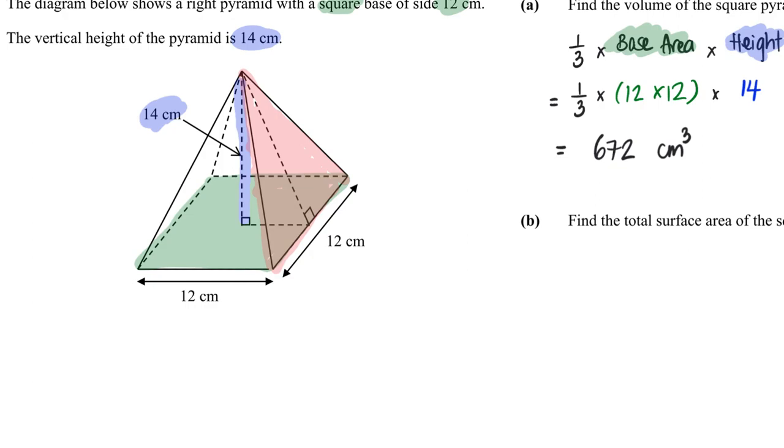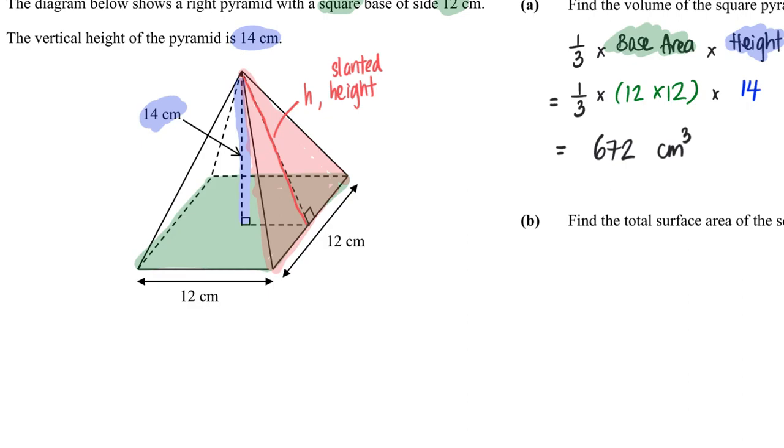And the next thing to take note of is this particular slanted height, which I'm going to label as H, the slanted height, which happens to be the height of the triangle, right?